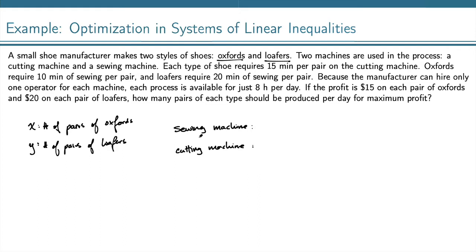So now for our sewing machine, we've got a couple of pieces of information here. Oxfords require 10 minutes of sewing per pair. I'm going to do this all in terms of minutes.